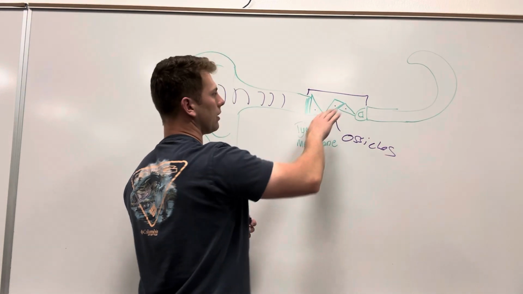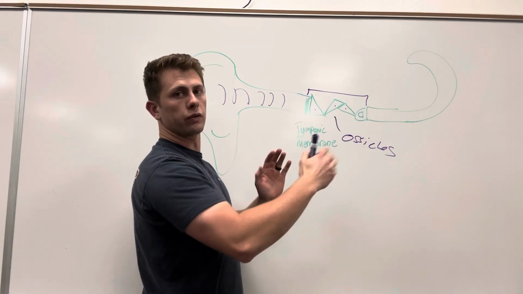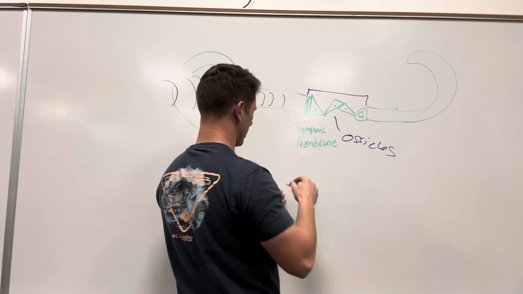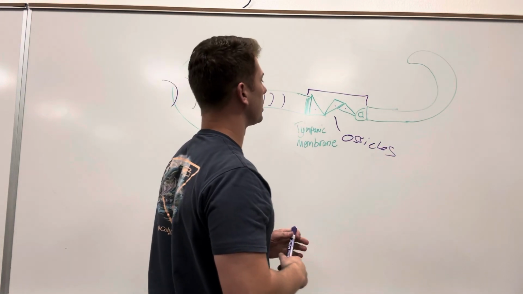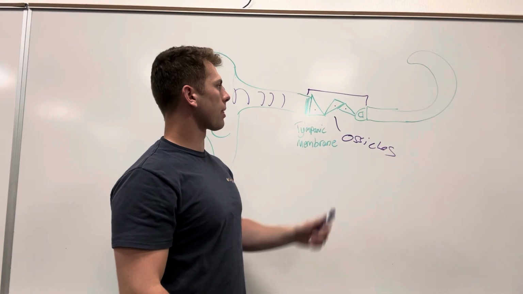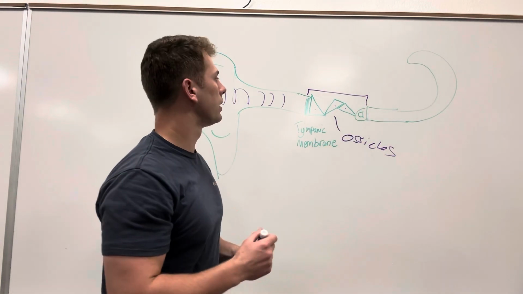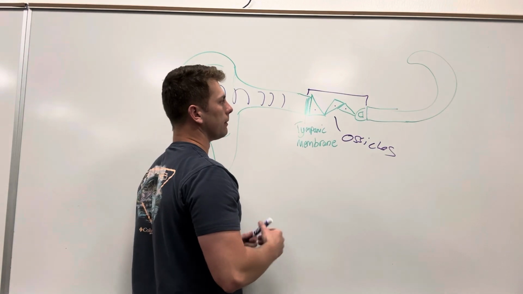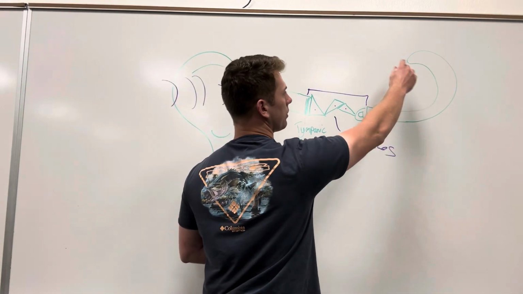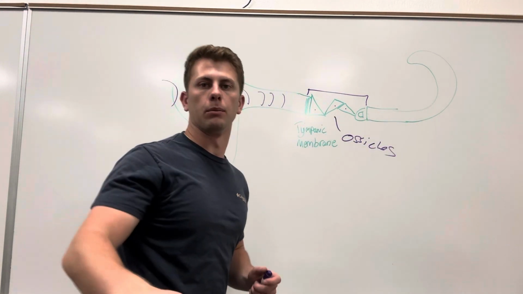And as this vibrates, they mechanically move this oval window. But basically, between this oval window and a lower round window, it creates more mechanical waves through this inner ear, which I'm gonna blow up and explain a little more.